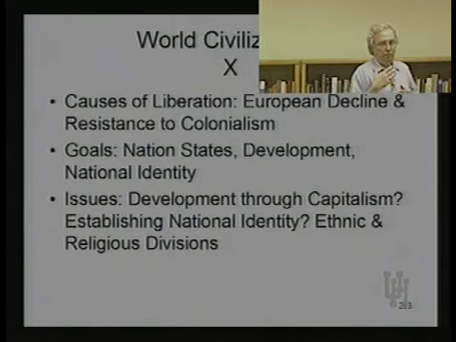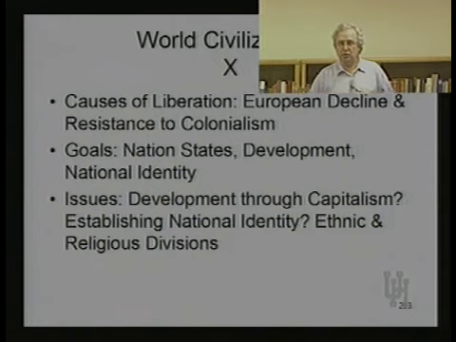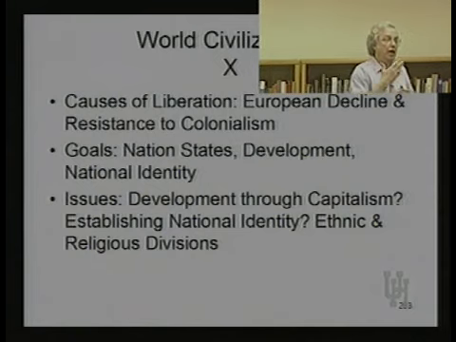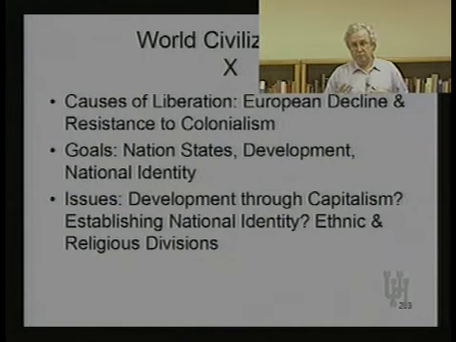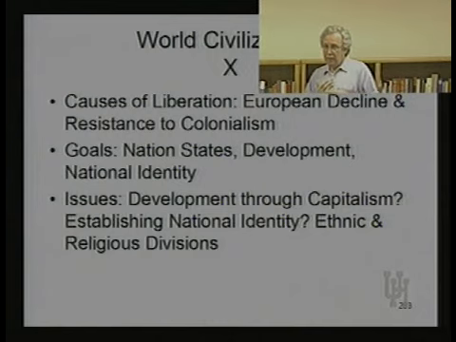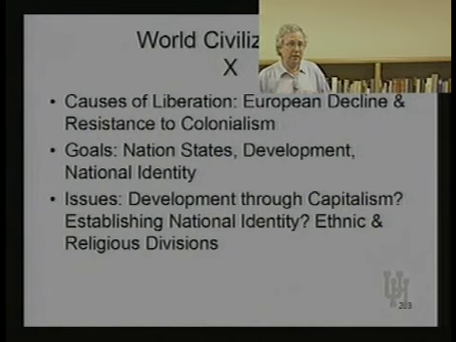The goals of these liberation movements, wherever we find them, are fairly common: to create nation states, governing bodies, modern state institutions, economic development, which in many cases was woefully lacking in the old colonial order, and developing a sense of national identity.